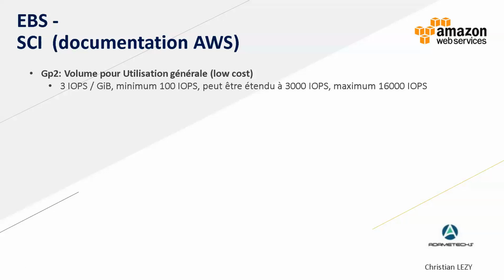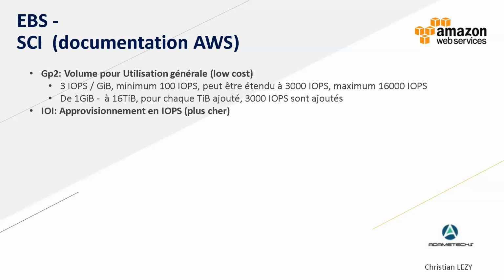This can be extended to 3000 operations per second with a minimum of 16,000 in extended capacities. The size of this type of disk can vary from 1 GB to 16 TB, and for each terabyte added, there can be 3000 input and output operations per second.